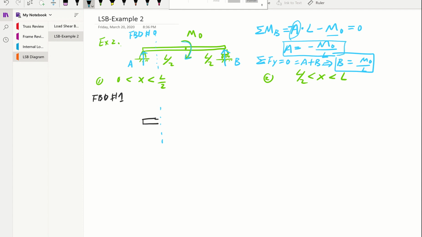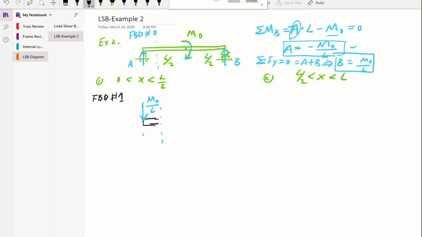Once we know that, we can translate them into our FBD number 1. The force at A is M0 over L, but since there's a negative sign in front of it, the true direction is actually going downward instead of up.